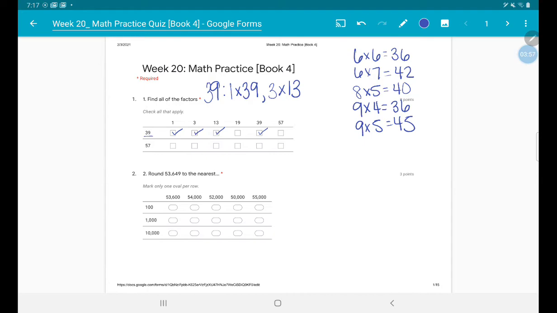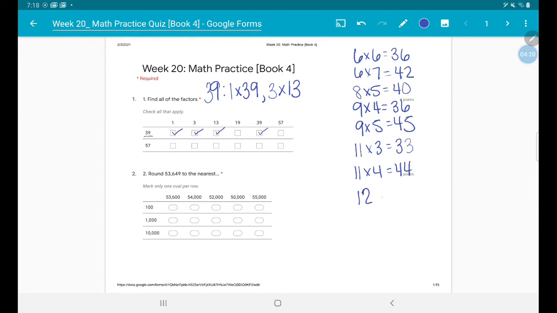Check 10. Well, there's a 9 in the ones place and not a 0, so 10 is not a factor. Do 11. 11 times 3 is 33. 11 times 4 is 44, so that skips right over 39. 11 is not a factor.